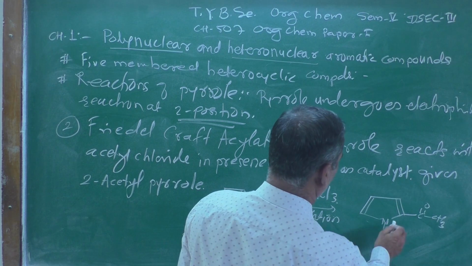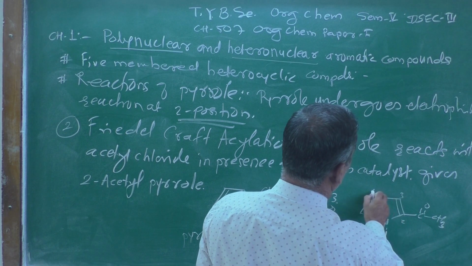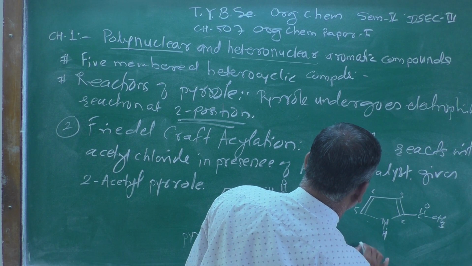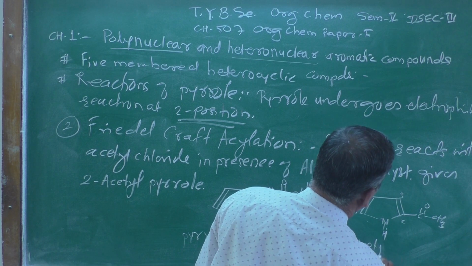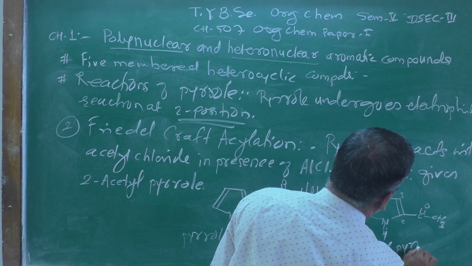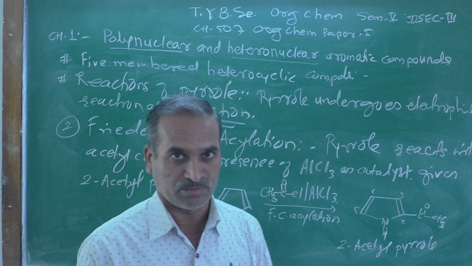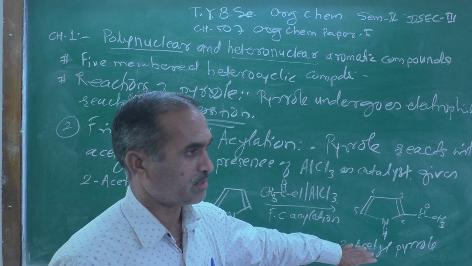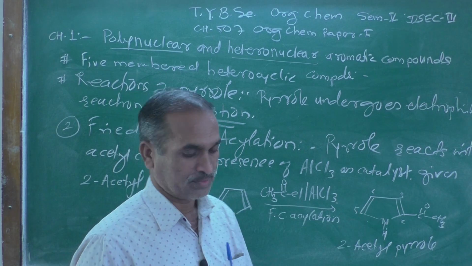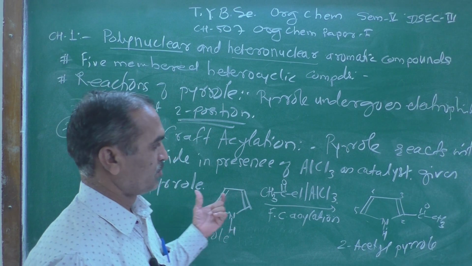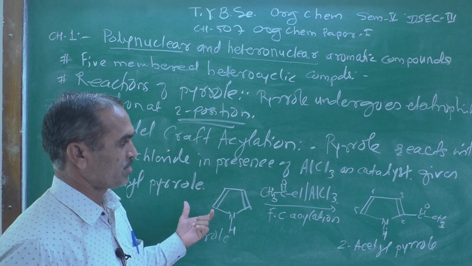The name of this product: 1 2 3 4 5. So at 2 position, acetyl group is there, 2-acetyl pyrrole, which is the product we have got here. So see carefully how simple this reaction is.